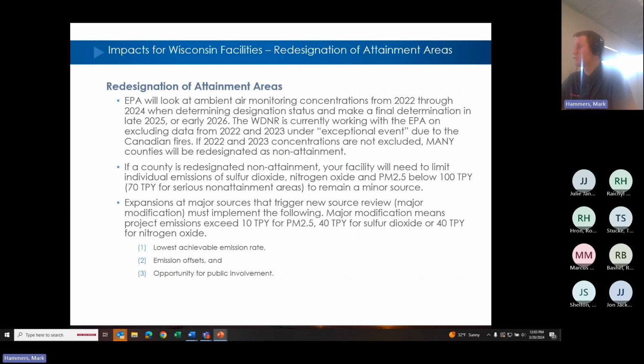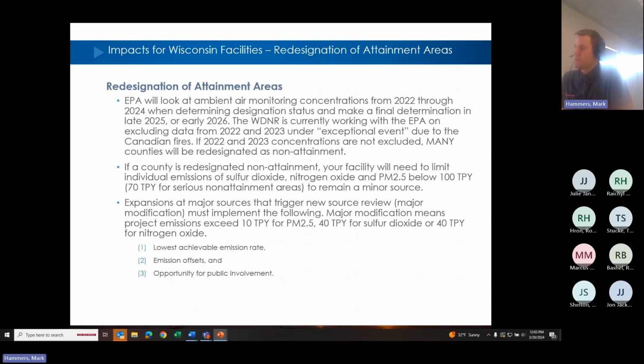So to summarize, come late 2025 or early 2026, you're more than likely going to see Milwaukee or Waukesha County designated as non-attainment. If the DNR cannot get the monitoring data from those Canadian fires excluded, you're more than likely going to see virtually every single county to some degree designated as non-attainment.